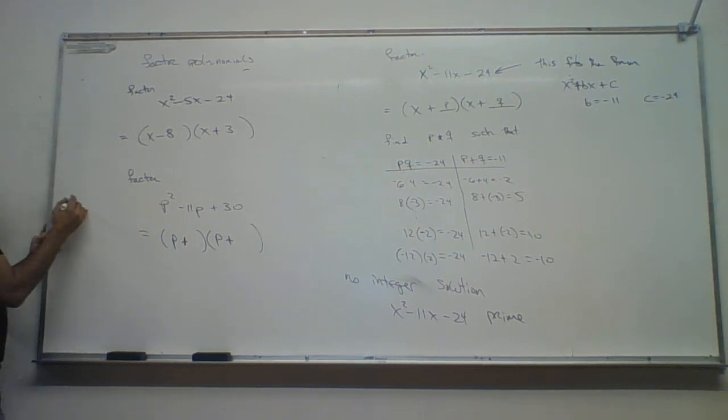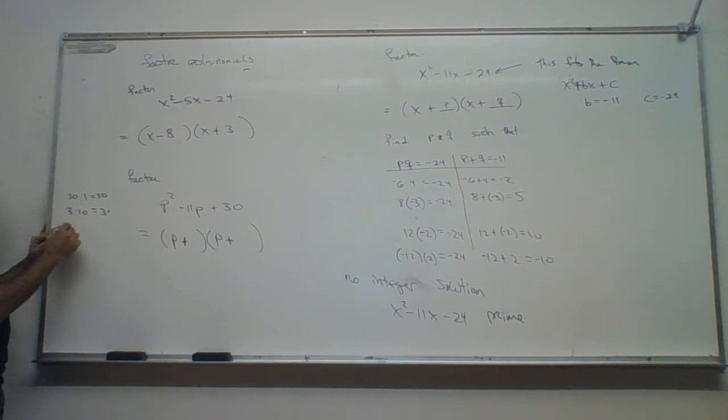What are any numbers that multiply to 30? How about 30 times 1? That works. How about 3 times 10? That works, but they're not going to add up to 11. That's not going to work.